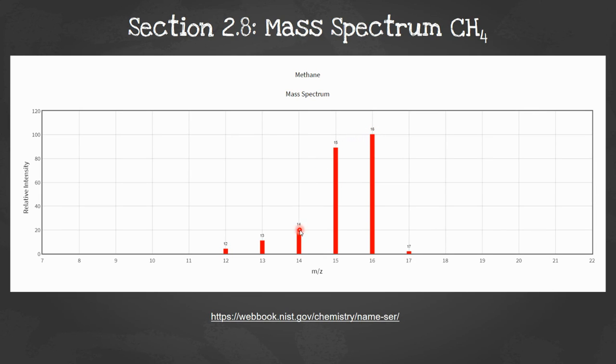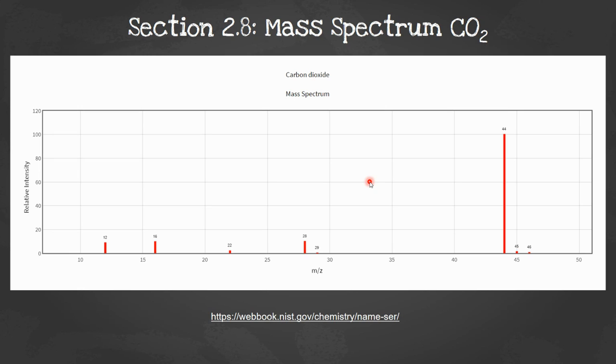These are not percentages. These are relative intensities. So if I wanted to know what percentage this peak was, I would have to add up all of their intensities and then take the one I'm studying. So let's say I'm looking at this one and I want to know its percentage. I'd have to take 100 and divide it by the total of all the intensities added together, and multiply by 100 to get the percentage.